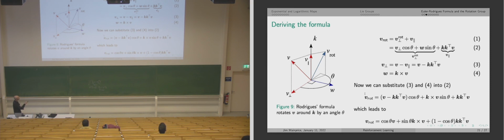And then W, that was the cross product here, replaces W here. And then I just rearrange the terms because I have this thing that appears twice. So it appears here, and then that's pretty much it. This is the Rodrigues formula.